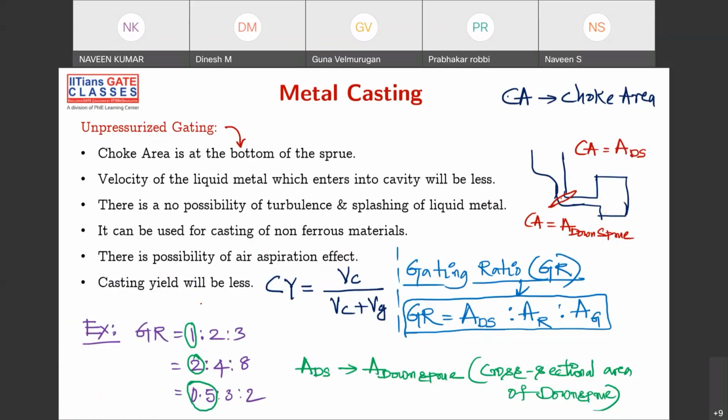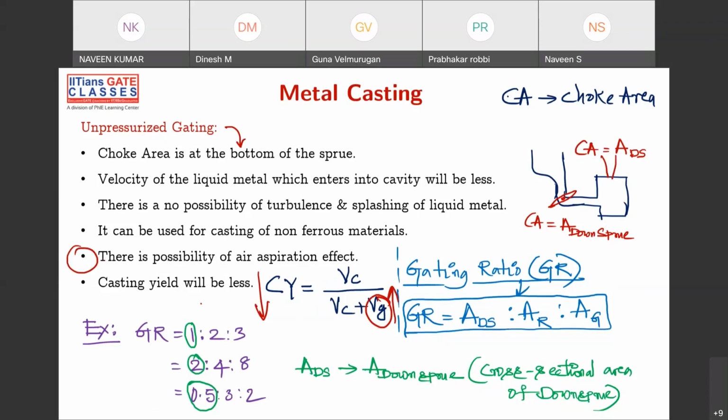If the choke area is less here, there might be a possibility of air aspiration effect. So you should provide a little more extra care in the gating elements. As the gating elements keep on increasing, if the volume of gating elements is increasing, the casting yield will be coming down. To avoid this kind of air aspiration effect, you'll be using more and more gating element volumes.